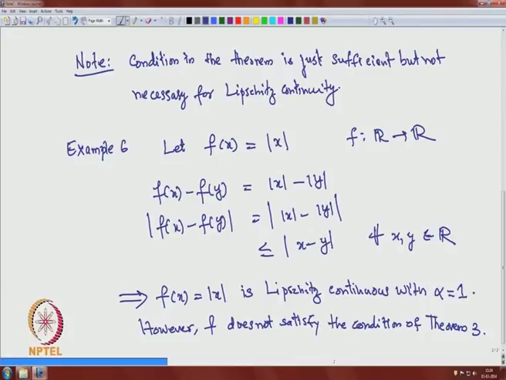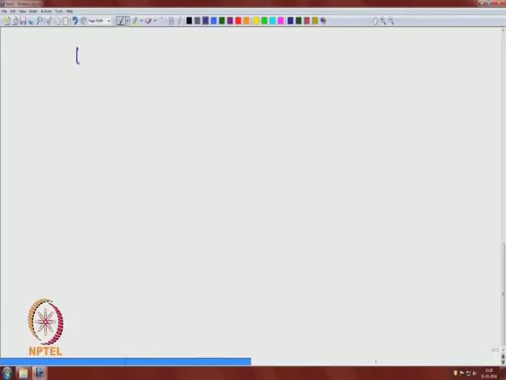If we take another example, example 7, consider the function f(x) equal to sin x.